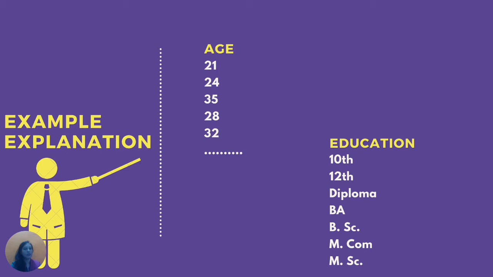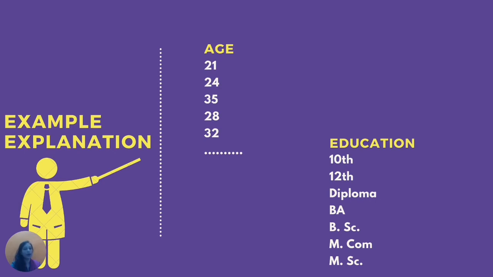Now, if I am not interested in using these loose observations of age, what I can do is convert them into some other type of variable. I can recode these ages. For that, firstly I need to look into my age variable. I need to find the minimum age and the maximum age. Then suppose I want to convert these ages into age groups.